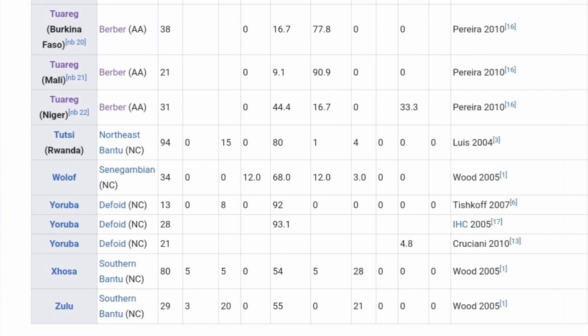Now you will notice that there are some which have very low percentages. Remember, these are percentages of the people who were tested, and some of these people have admixture, meaning that it's not necessarily African DNA, but of the group that was tested, some people.